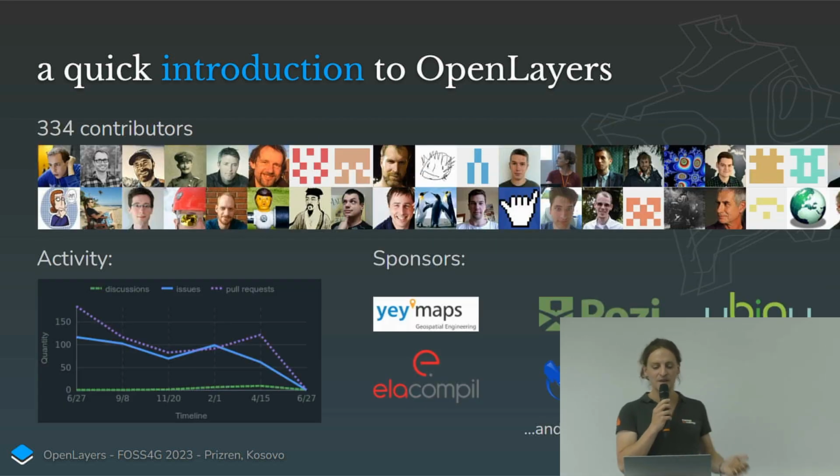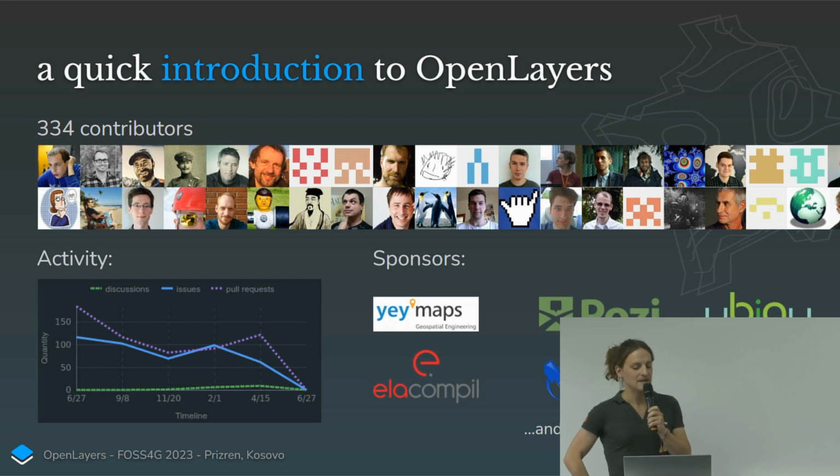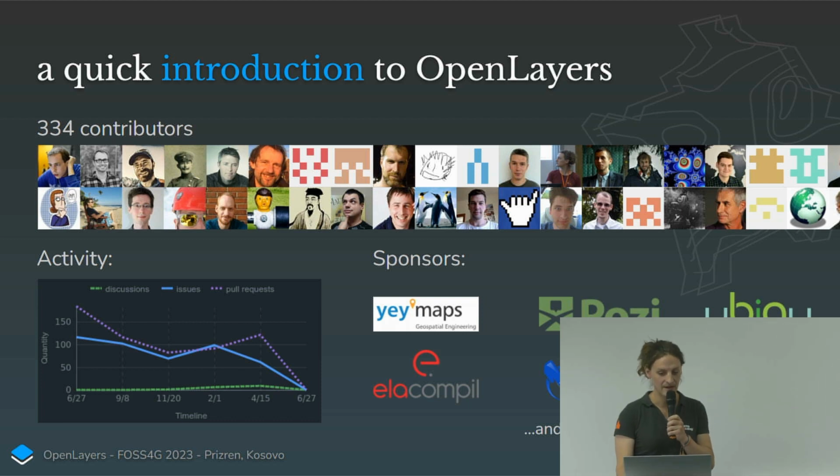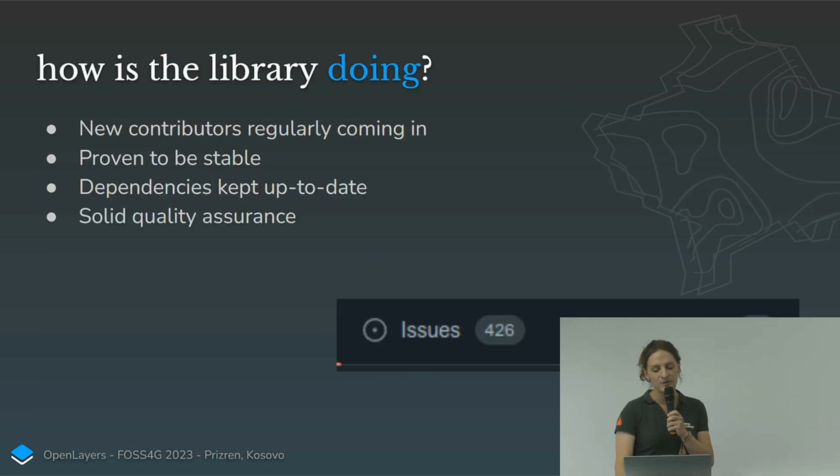The library has 334 contributors registered on GitHub. It has a constant, pretty strong activity. There are many sponsors. I've shown a few here, but there are more on Open Collective. I want to thank all the sponsors, obviously, because it's really helping the library a lot. And how is the library doing?